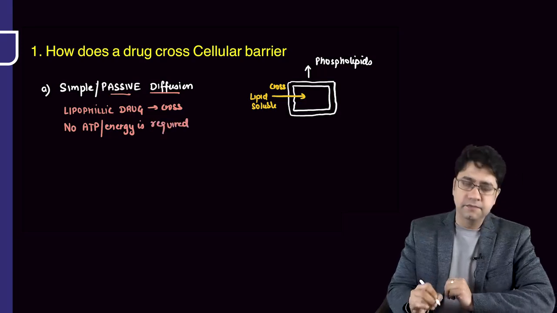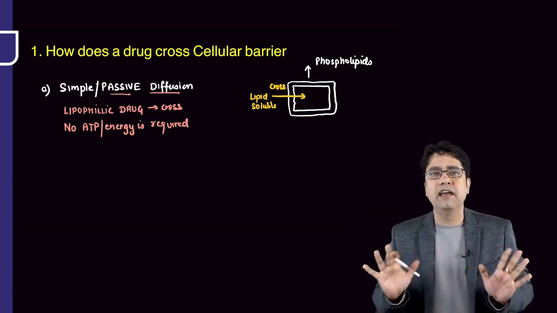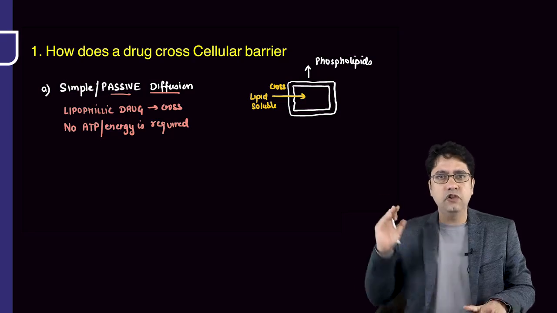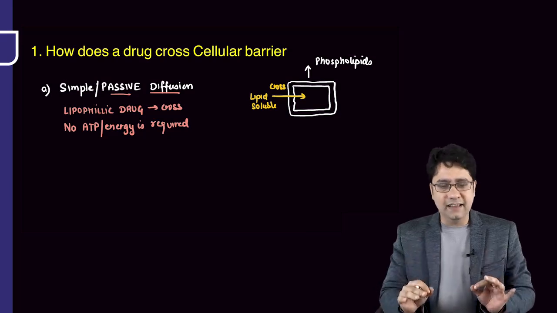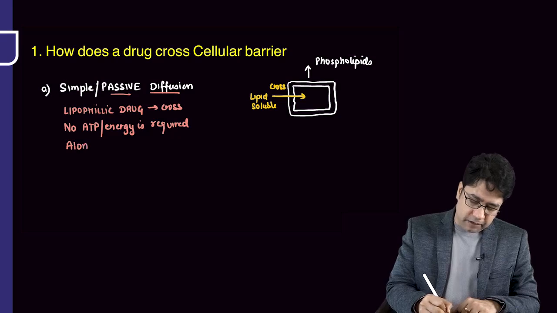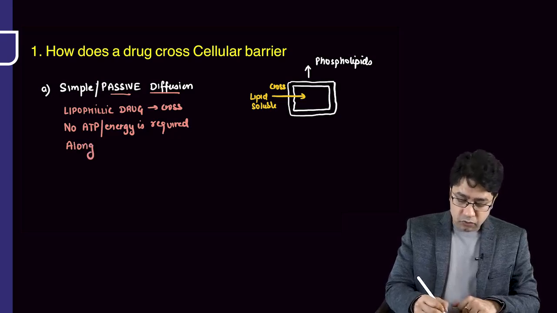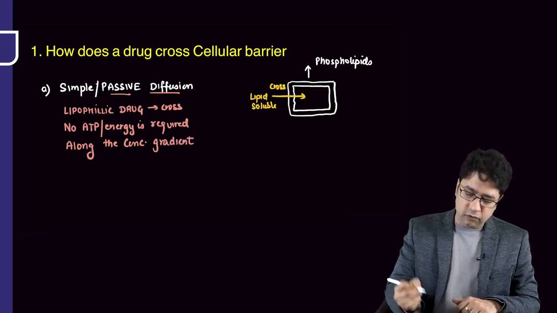Now just think, you are swimming in a river and you are not applying energy. Don't you think you will move along the flow of the river? Similarly, in passive or simple diffusion, when we don't apply energy, a drug moves along the concentration gradient. Along means it will move along the flow.